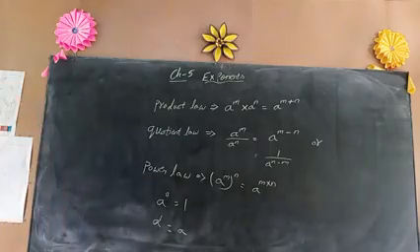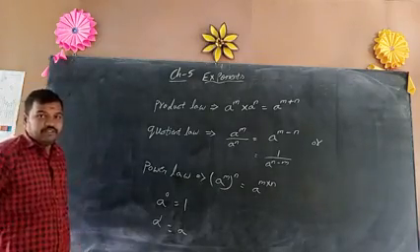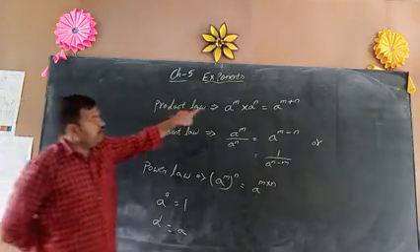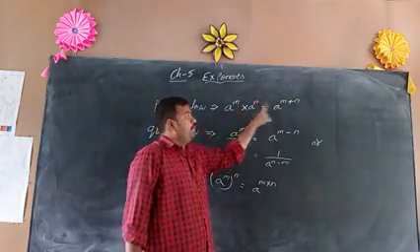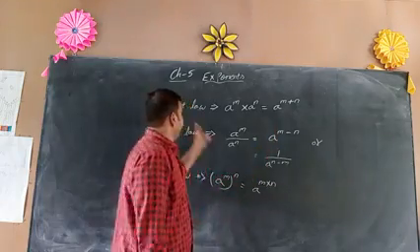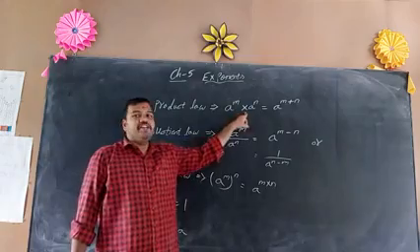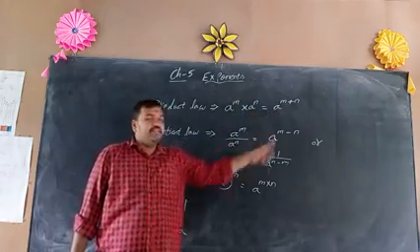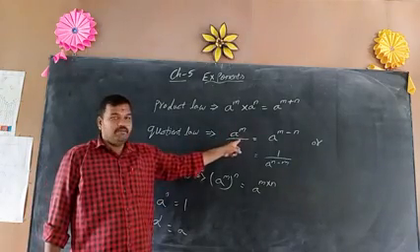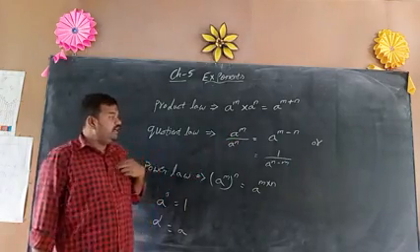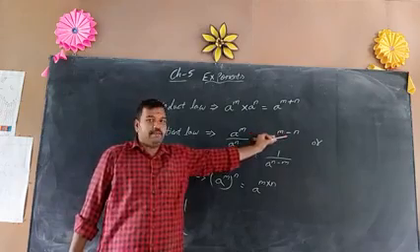These are the 5 different formulas we have. Depending upon these formulas, we have to solve. First one is product law: bases are same, under multiplication, powers we have to add. Quotient law: bases are same, under division, powers we have to subtract.